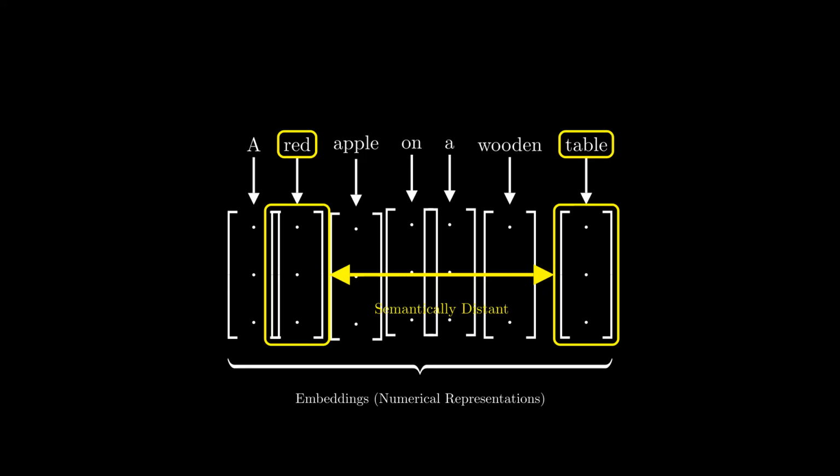The model knows this, and so it places their embeddings far apart in the meaning space. They are semantically distant. This numerical representation, which captures not just words but the web of relationships between them, is the crucial translation that allows the AI to understand the intent behind our prompt. This set of embeddings is the input for the next stage of the process, where the visual creation truly begins.